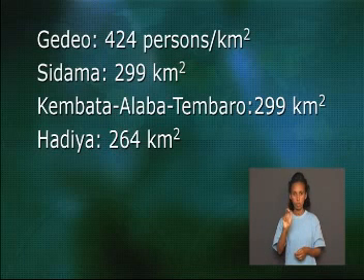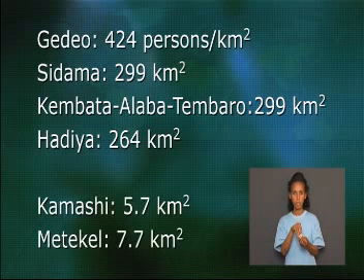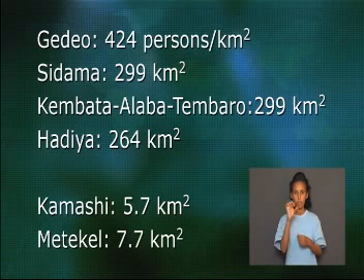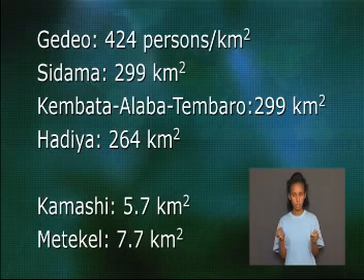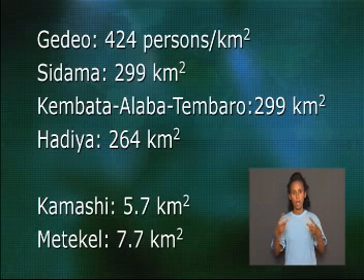These include Gedo, Sidama, Kembara Alaba Tembaro, and Hadia. In addition, several zones have fewer than 10 people per square kilometer. These zones include Kamashi and Metakel.